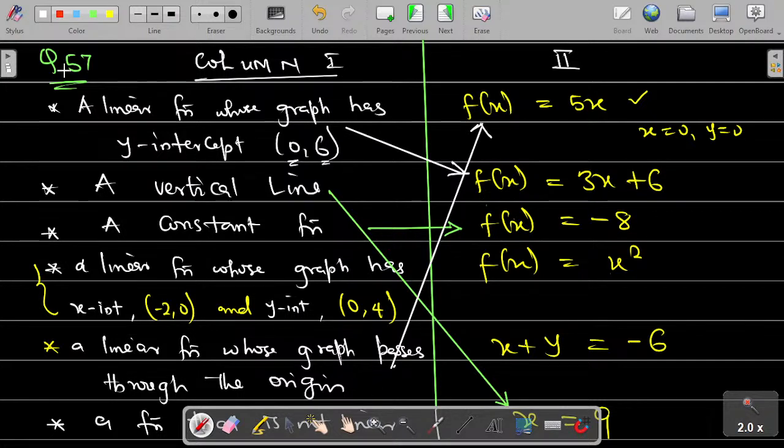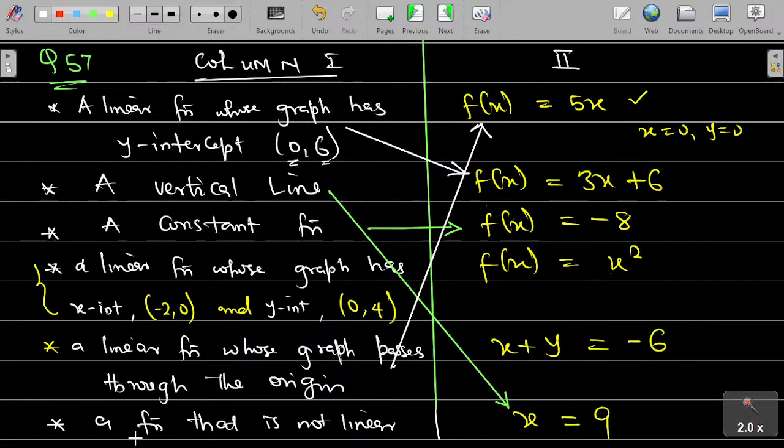And then finally the last one says a function that is not linear. What is the meaning of linear? Linear is that the degree of the function is 1. That means the highest power of x present is equal to 1. And every other function here did that, except the constant function and this guy where x is of the power of 2.